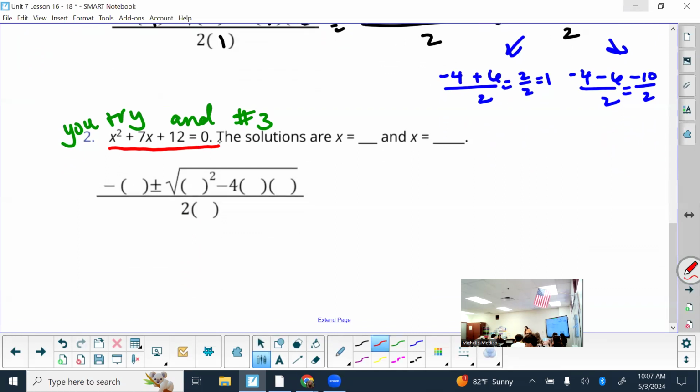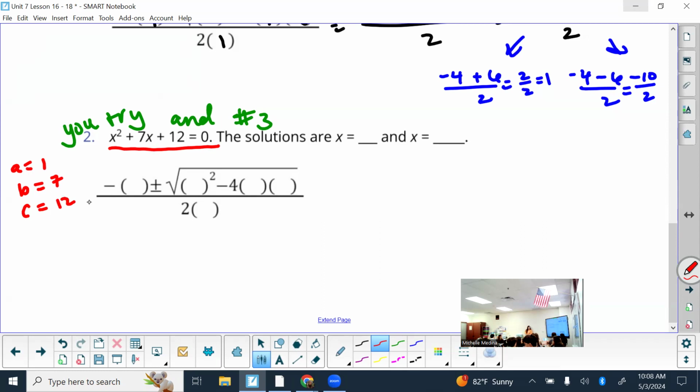I can just go ahead and start identifying my A, B, and C. So table 3, what's going to be my A? Good. Table 4, what's going to be my B? And table 5, what's going to be my C? Good.